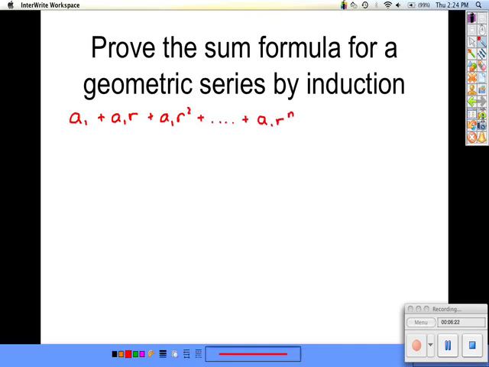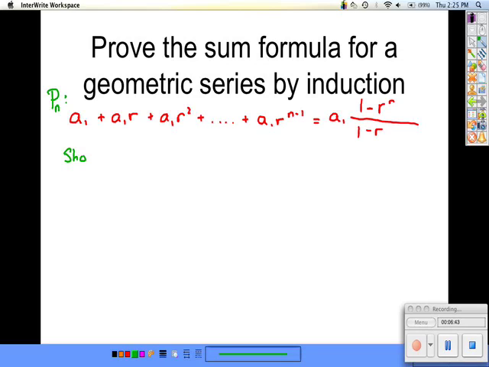So this is what we're trying to prove. First thing we do, this is our proposition. This is P sub n. Show P sub 1 is true. And I guess I left something out here.